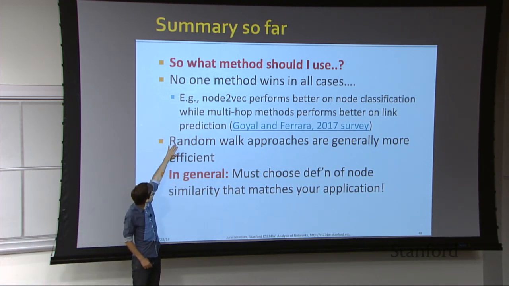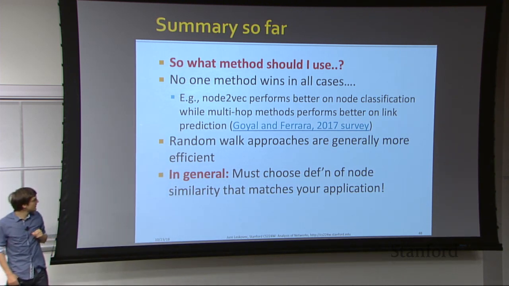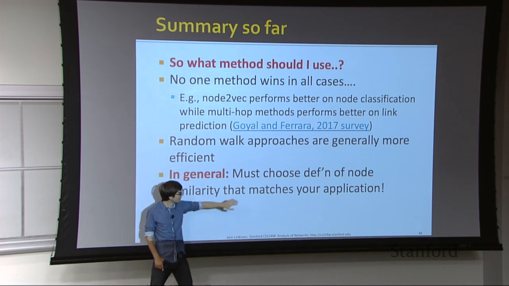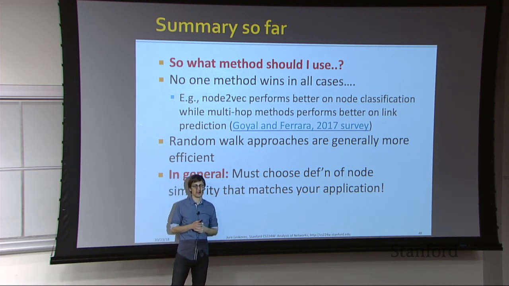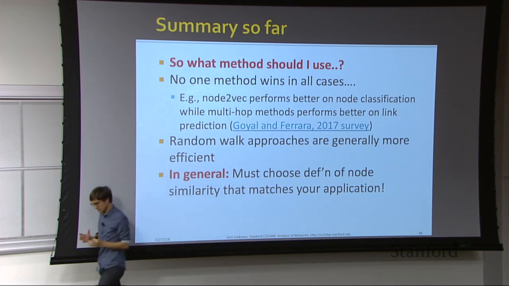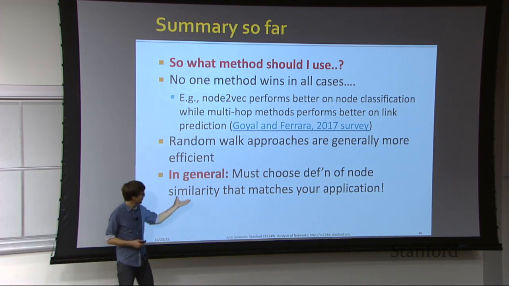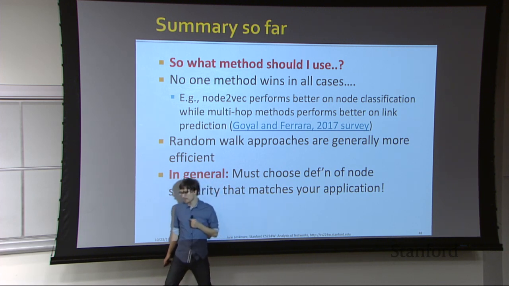Random walk approaches are generally computationally more efficient than any kind of competing approaches. But in general, when you do this type of embeddings, you must choose the definition of node similarity that matches your application, right? So depending on how you construct the network and how you want to measure similarity, the best thing is to use that notion to directly optimize your embeddings.